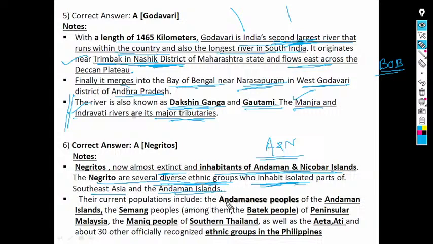Their current population includes the Andamanese peoples of the Andaman Islands, the Semang people among them, the Batik people of peninsular Malaysia, the Vanik people of southern Thailand, as well as the ETA, ATI, and about 30 other officially recognized ethnic groups in the Philippines.